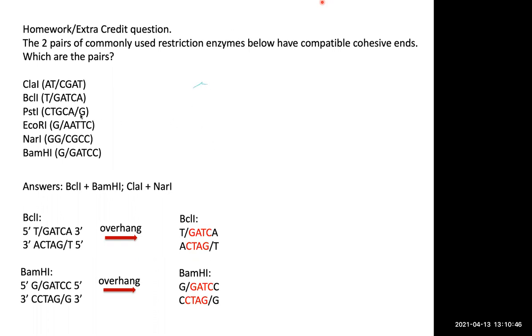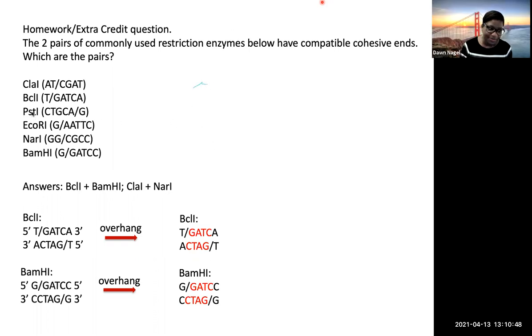Okay, so the other one is this ClaI, and NarI, which you couldn't get. So again, I'm going to try to write this, so bear with me.